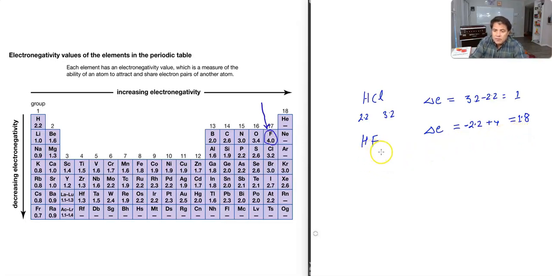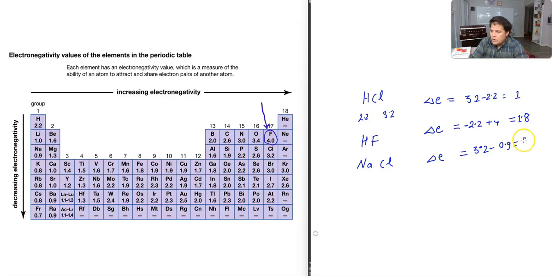Similarly, for sodium chloride, the electronegativity difference is chlorine 3.2 minus sodium 0.9. Sodium has less tendency of accepting the electron, and the difference is about 2.3.